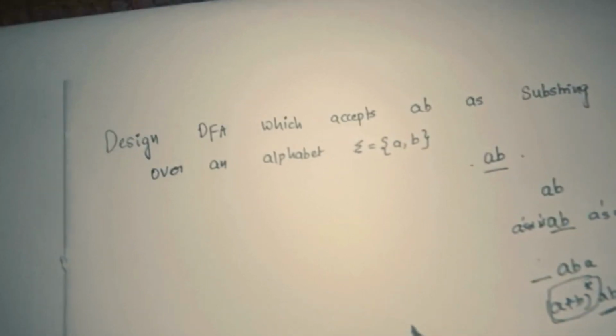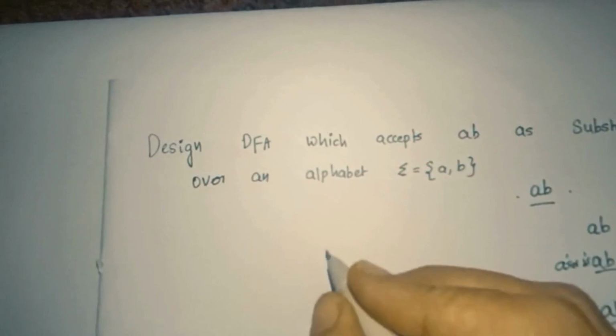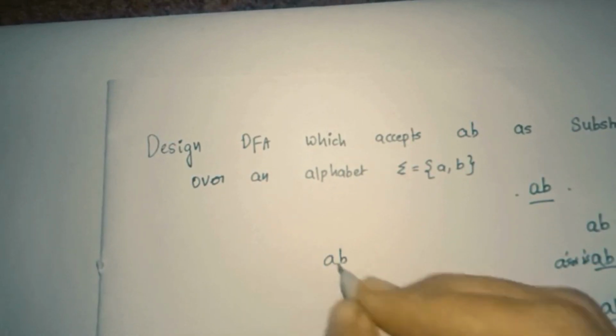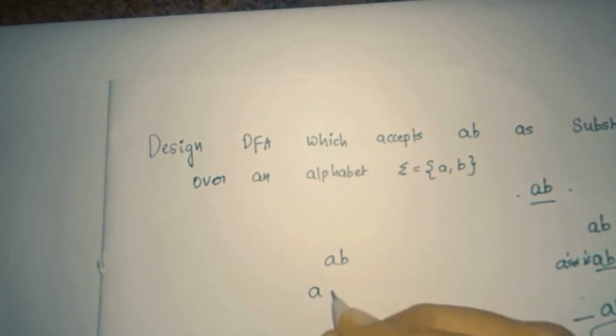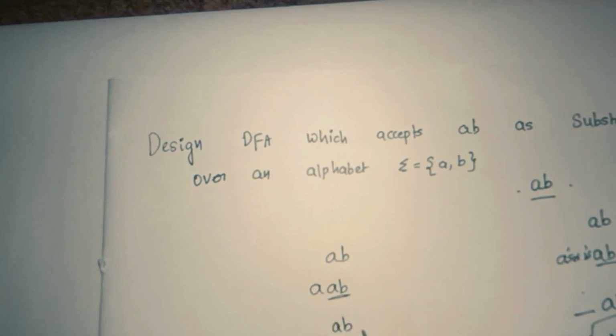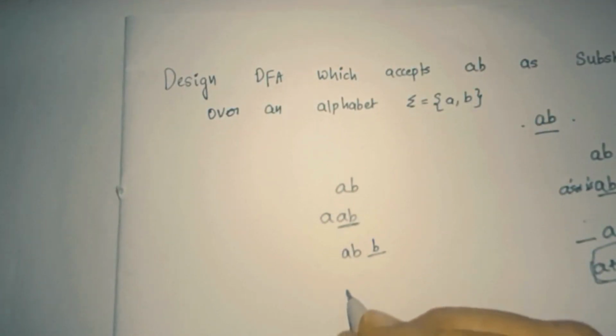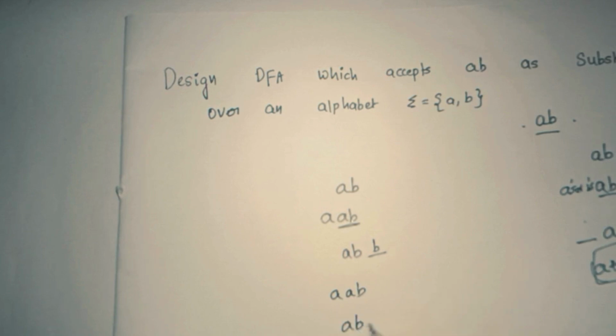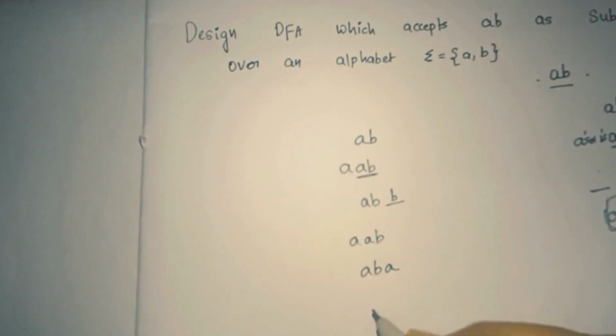So the sample strings we can take are AB; before AB we can have A, finally AB as substring. After AB we can have any number of A's or B's. It can be B, or AB, or ABA, or AAB.